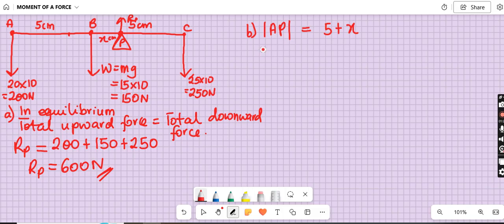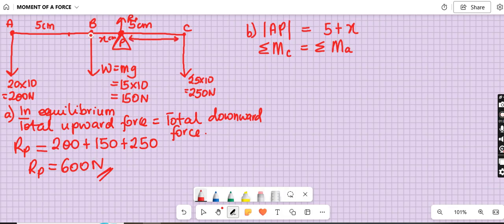So let's use the second condition, which is that the sum of clockwise moments should be equal to the sum of anti-clockwise moments. We have only one pivot, which is at P. Let's look at our clockwise moments to begin with. Clockwise, we are moving from right to left. There's only one clockwise moment, and that is 250 times whatever perpendicular distance there is here.